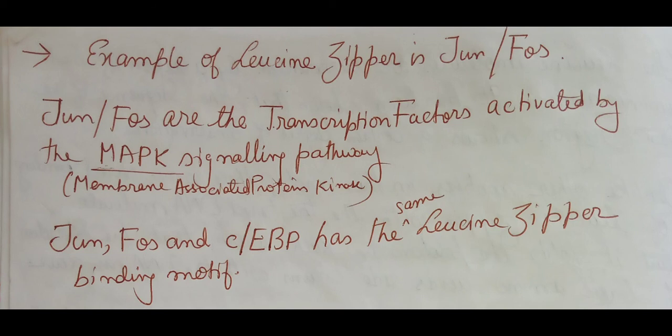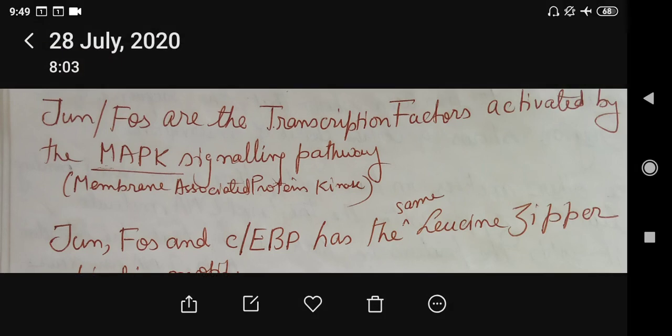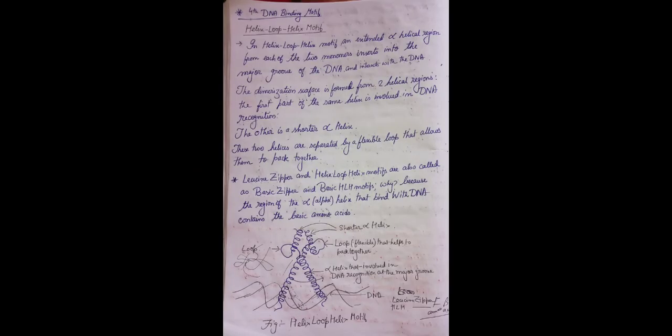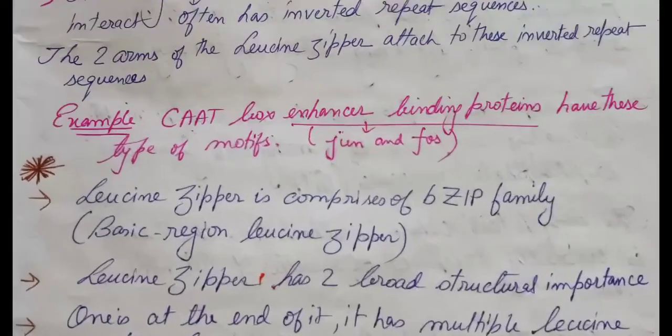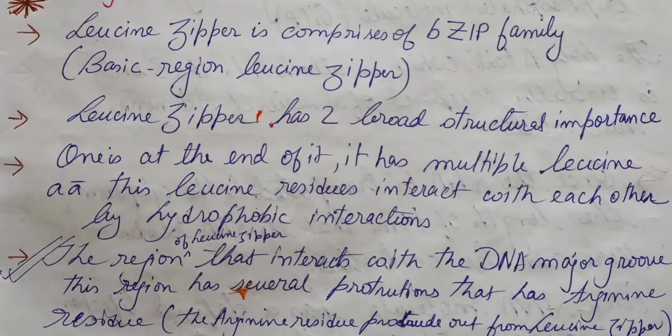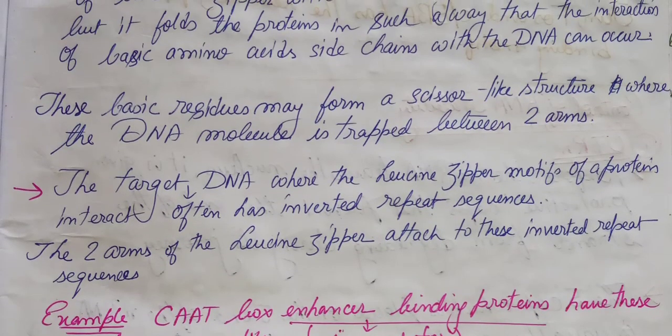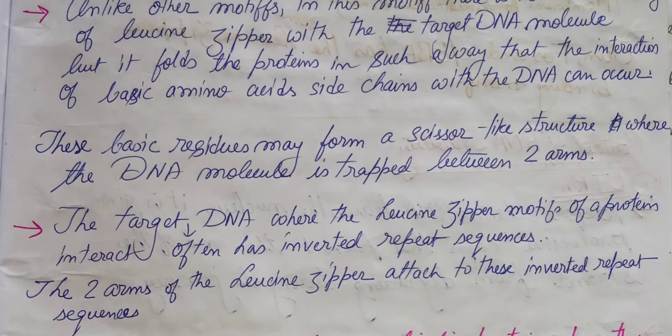So these are the examples of leucine zipper, that is your Jun, Fos, which are associated with MAPK signaling pathway, then your C/EBP. Okay, so now coming to this point, this leucine zipper is composed of the bZIP family, that is basic region leucine zipper, because the interaction with the DNA is mostly done by the basic amino acid residues.